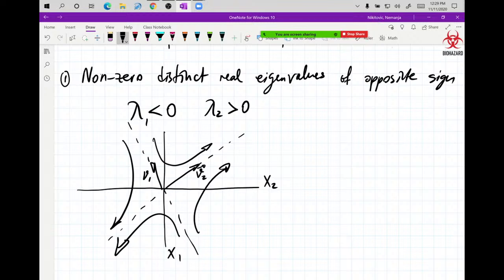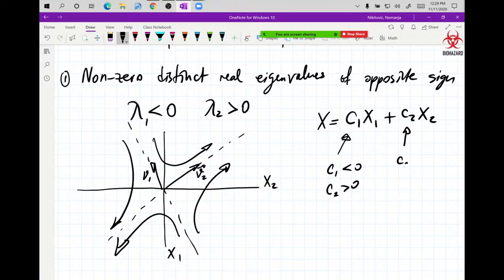So now what we have are solutions where the constants, you remember your C1 and C2 and all of that stuff, because you have that your solution X is given as C1x1 plus C2x2. Now this C1 could be less than 0 or more than 0, and C2 could be less than 0, or C2 could be larger than 0. So the solution will look like this, but the question is which one of the 4 lines do you get to draw?